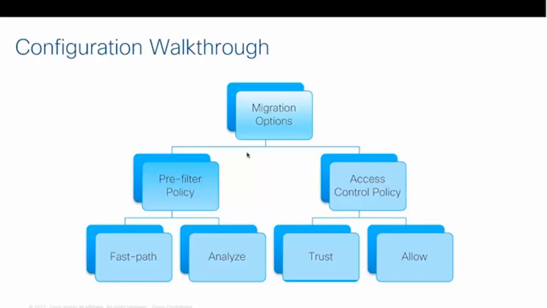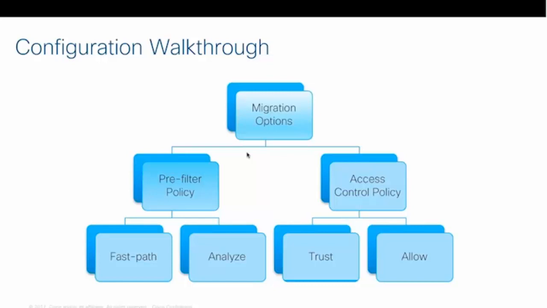The access control policy, on the other hand, is a master policy which determines how the traffic should be handled by the device. This access control policy will contain a set of dependent policies such as intrusion policy, malware and file policies, app-based filtering, URL filtering, etc., using which we can efficiently filter and regulate our traffic.